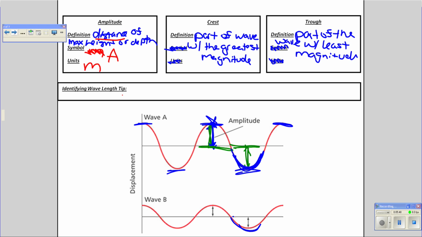Now, last thing, identifying wavelength tip. So we've been talking about how when it repeats, we pick it up. All right, so every time it repeats, it's the wavelength. Now, if you're looking at a wave, consider crest to crest. So one crest to the next is going to equal one wave. One wave is also trough to trough.